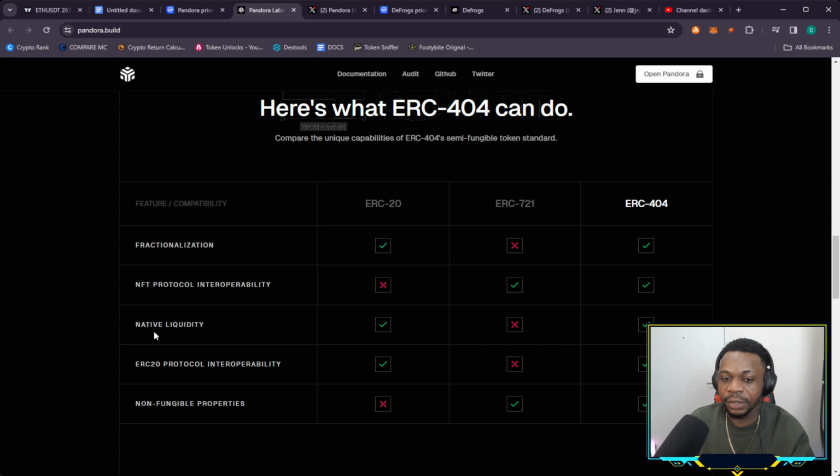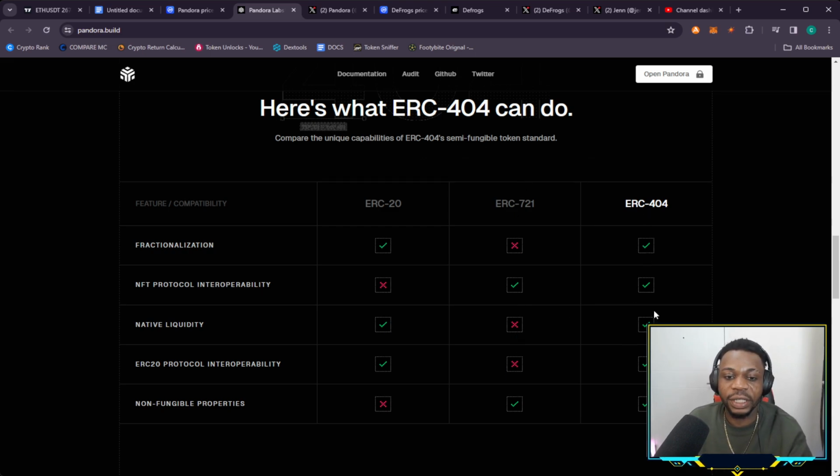It says native liquidity. ERC20 has native liquidity because there are so many things you can do on an ERC20 standard, because you can stake, you can earn, you can borrow, you can lend, you can do so many things with this. So NFT doesn't have that.